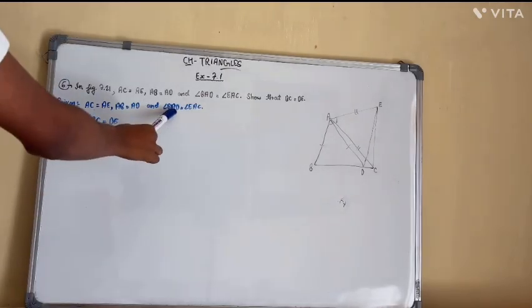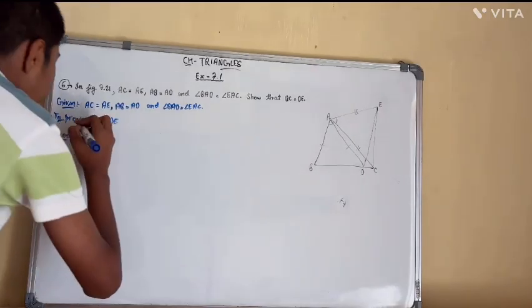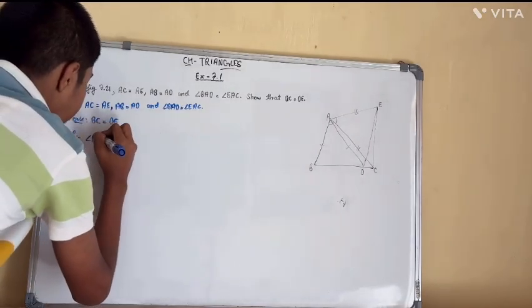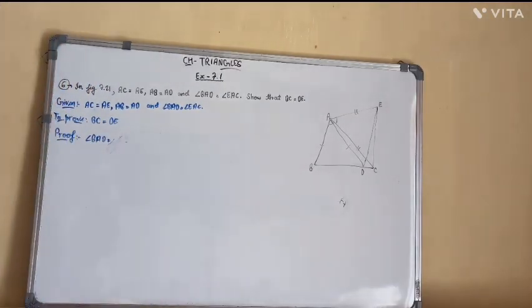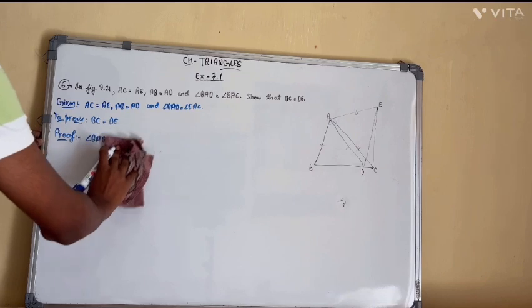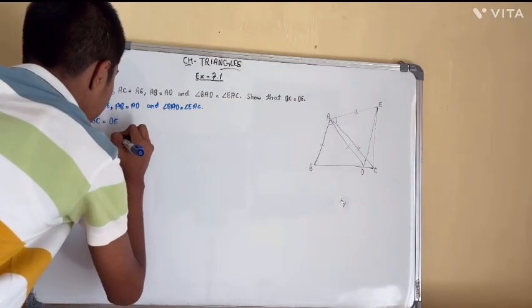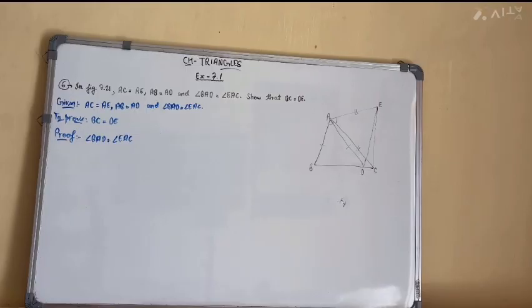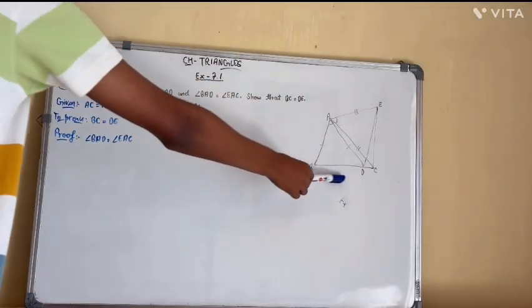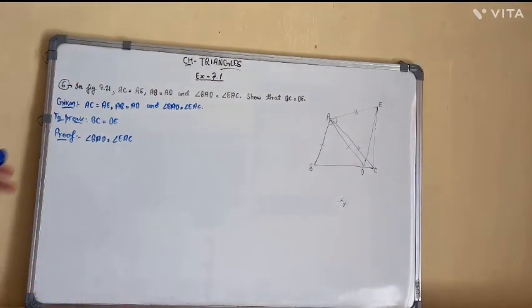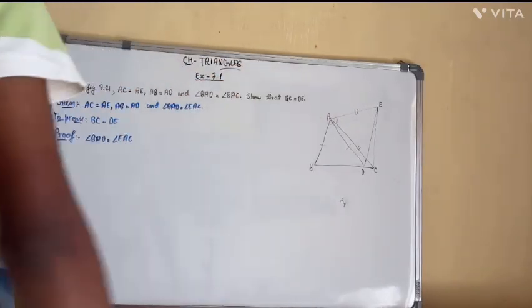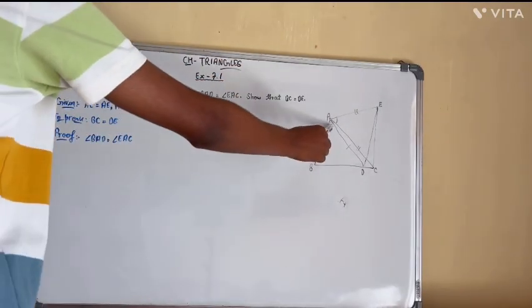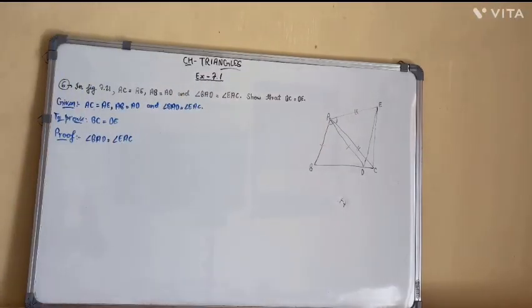So we know that angle BAD is equal to angle EAC. This we know. So for this BC and ED, we have to prove two triangles congruent. What triangles? First we have to prove triangle ABC and triangle EAD. So we have to prove two angles equal. What two angles?